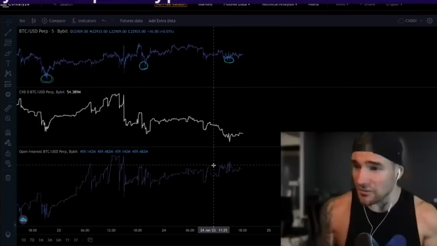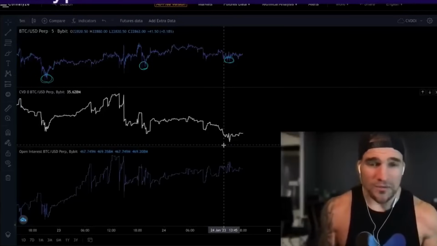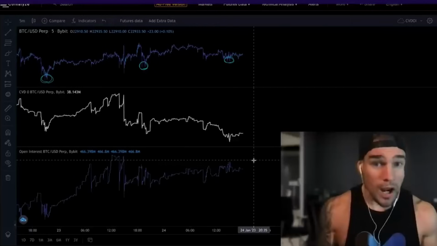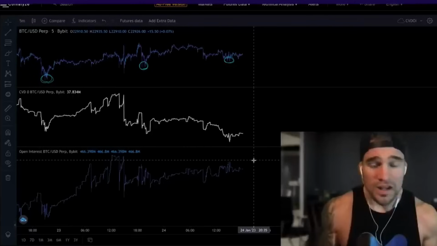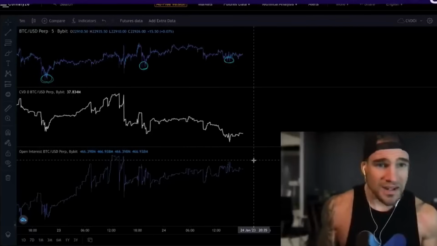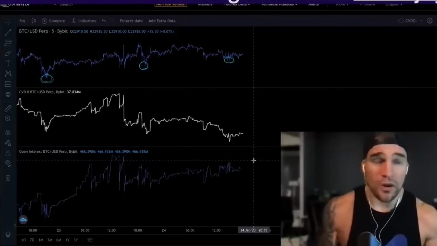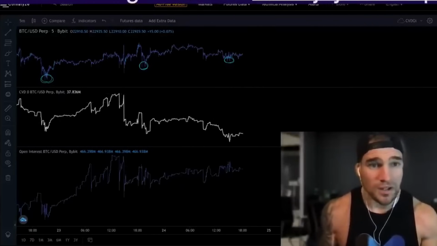And because this is a fact, if we see a discrepancy in what this data is telling us, for example, let's say that we see more buyers than sellers, but price is going down, this is giving us a hint that the whales, the big money, are filling up short orders to push the price down on the retail traders that are FOMOing long. And this is called a CVD divergence. Let me show you exactly what I mean.